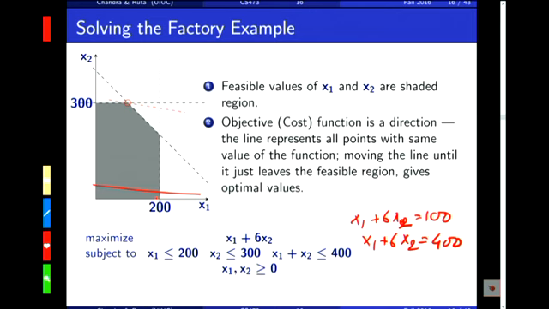What can I say about them? They are parallel because their coefficients are the same. Okay, so these are parallel lines, and you keep increasing their right-hand side. Say 400, then 500, and at some point it will escape the polytope. And that will be the maximum point.